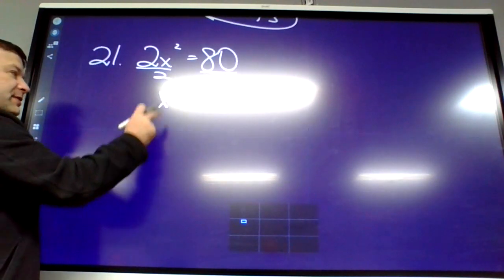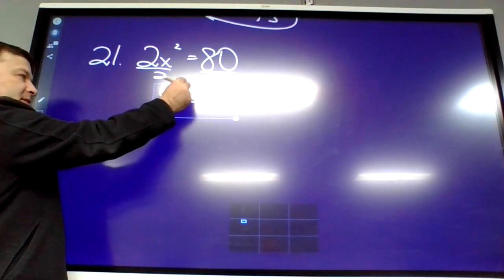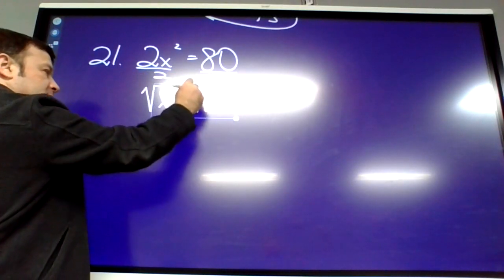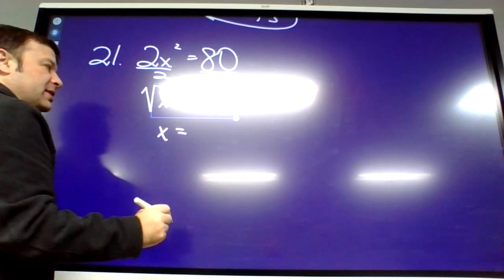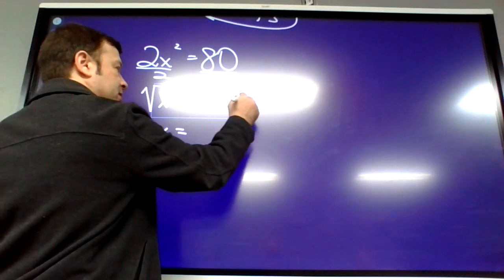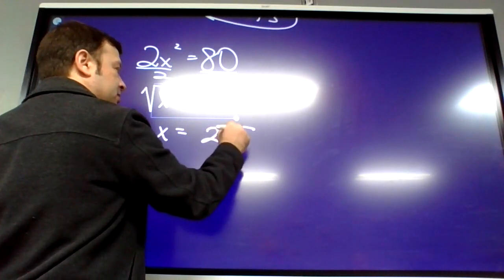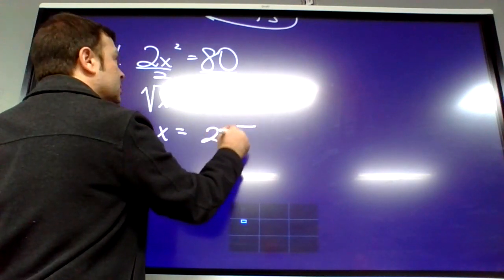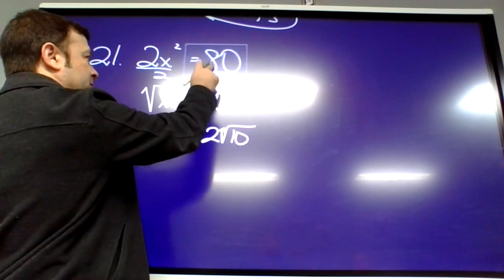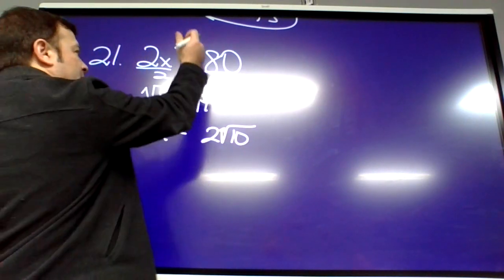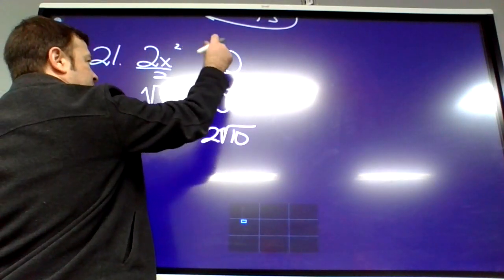Okay, but this does have a trick. How do I get rid of the square? Square root. Okay, square root of 40, if you plug that in your calculator, you will get... 80 was next to the 2 whenever it started, so it'd be negative 80 on that side. Huh, 80 was on the wrong side? Yeah, it was 2x squared plus 80 equals 0. Oh, okay. So 80 was on the wrong side.